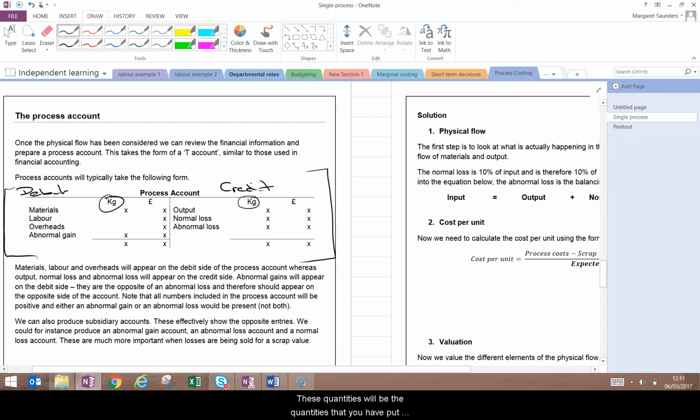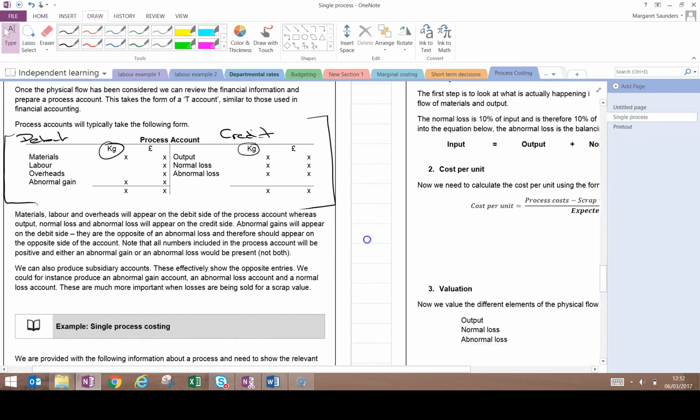And these quantities will be the quantities that you have put into your physical flow that we looked at in an earlier recording. This particular T account shows kilos, but it could be units, it could be litres, it could be any other measurement. But you will see two columns, quantity and values. So we're going to look at how we write up this T account.